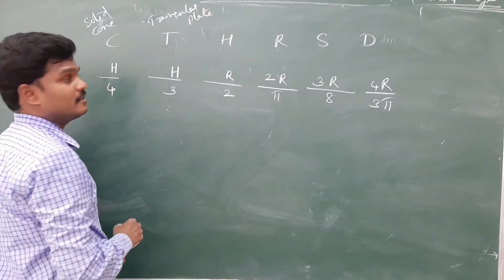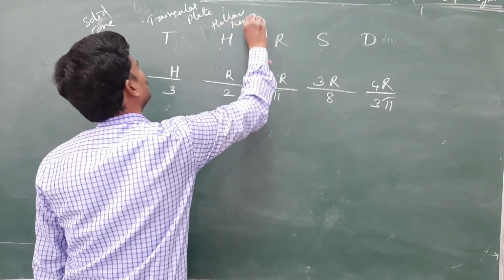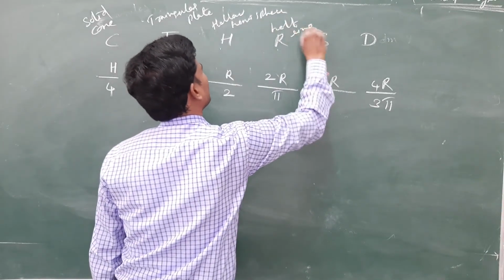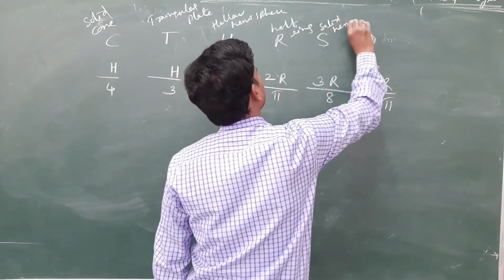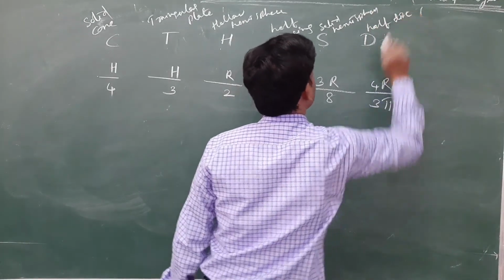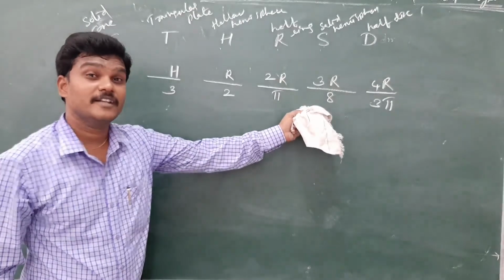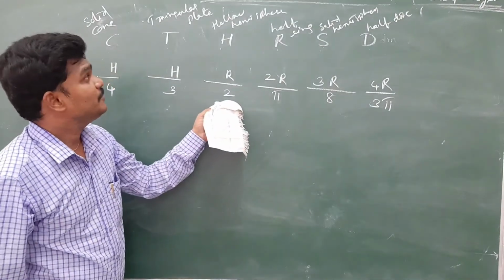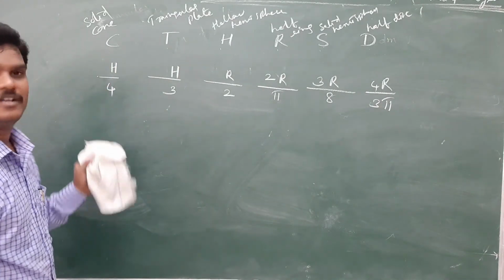H is the hollow hemisphere, r by 2. R is the half ring, the semicircular wire, 2r by pi. S is the solid hemisphere, 3r by 8, and D is the half disc, 4r by 3 pi. Yes, all correct.